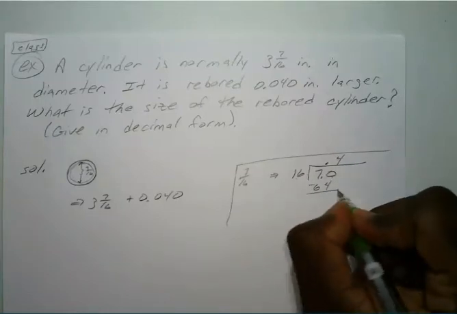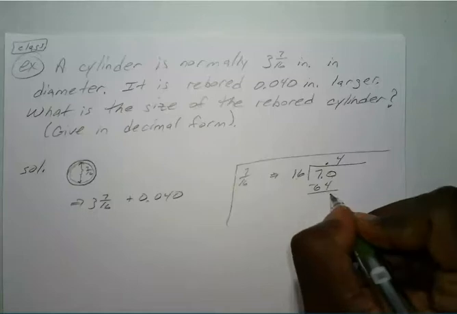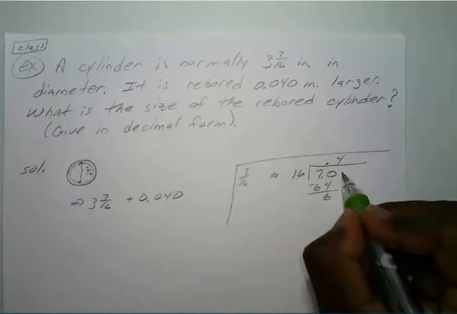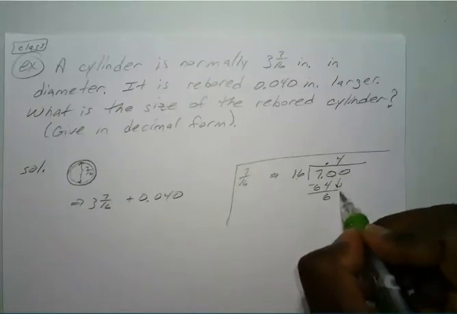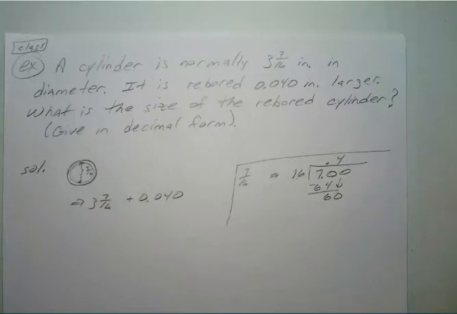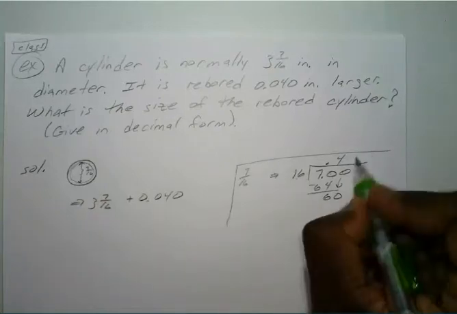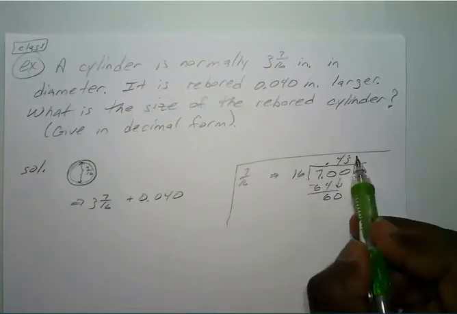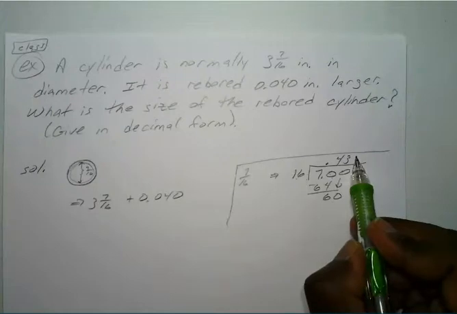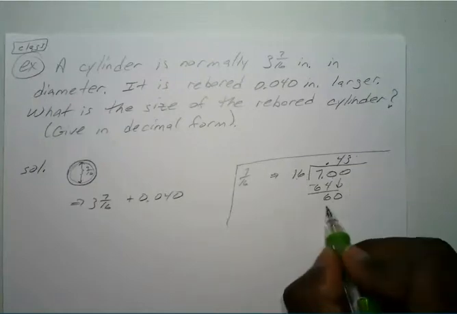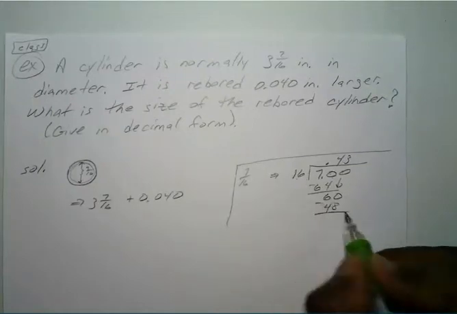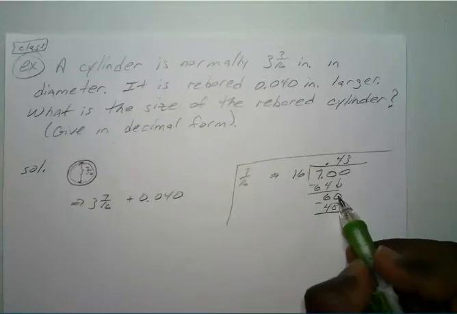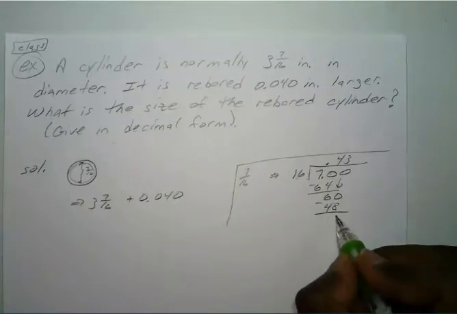Go ahead and subtract that. 70 minus 64 is 6. We're going to go ahead and add another 0 and bring that down. 16 goes into 60 3 times. 16 times 3 is 48. I had to think about that for a second. 60 minus 48 is 12.